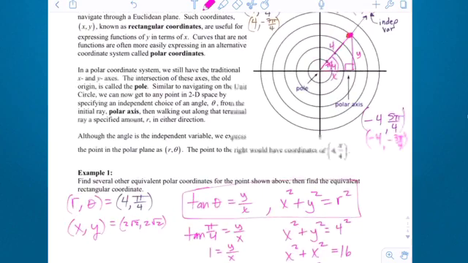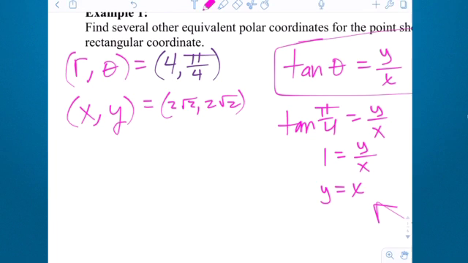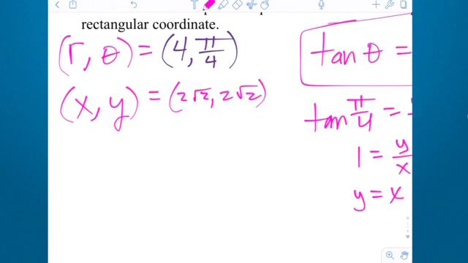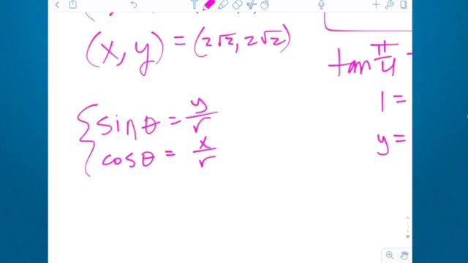Now, here's another way to do it if you don't want to do it by a system of equations. Can we express x and y in terms of a trig function, r and theta? Yes, and it's what you said a little while ago. Remember that sine of theta is y over r, and cosine of theta is x over r. So this will have a very similar feel to what you did in physics.